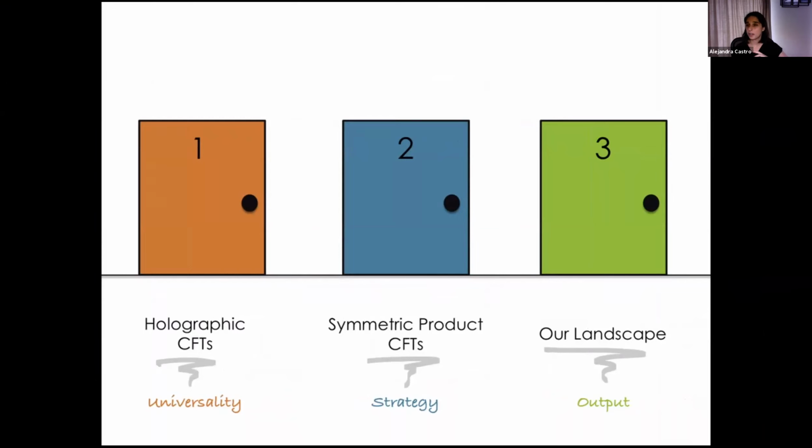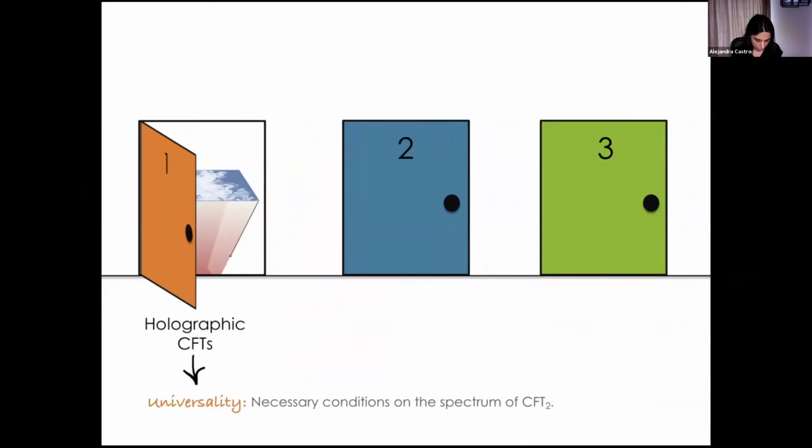Then we're going to discuss the strategy and what the output is of setting up the problem this way. As I said, from the holographic CFTs, what we'll discuss is a set of necessary conditions, okay? I'll tell you, for the purposes of this talk and the work that we did, what the conditions were that we're imposing in the CFT.